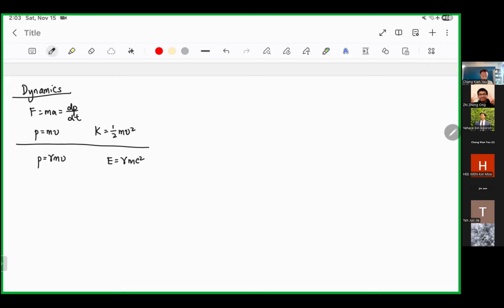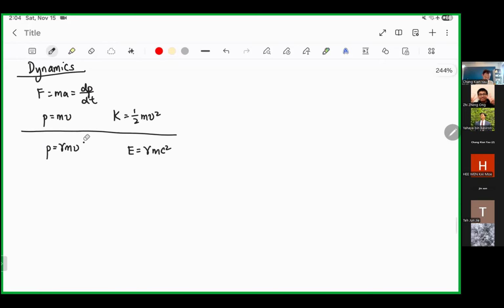I'm not going to show it properly here, but you can try to show it yourself afterward. You can try to find collisions to do, and then you realize that the old definitions don't hold anymore, and then we need to redefine them to this. And it kind of recovers back as well.